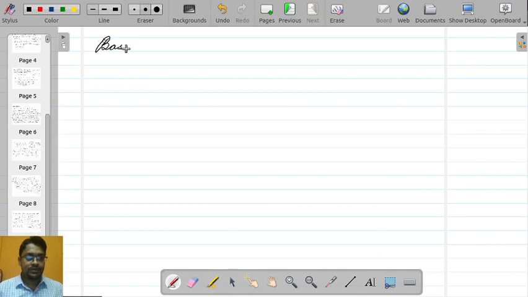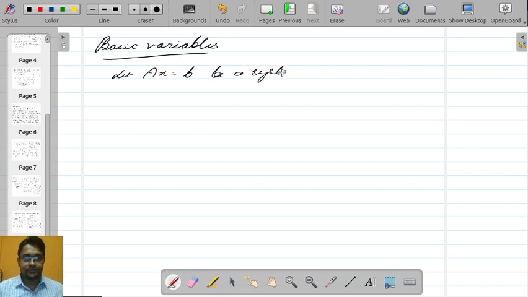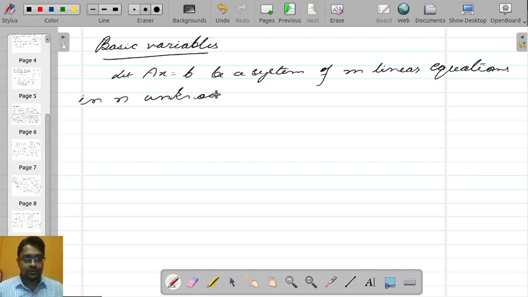Let Ax equal to B be a system of m linear equations in n unknowns, where m is strictly less than n.